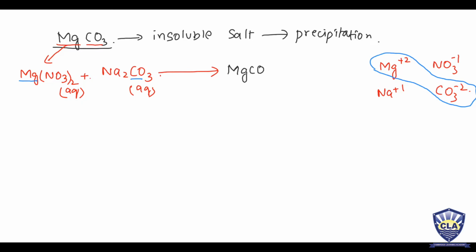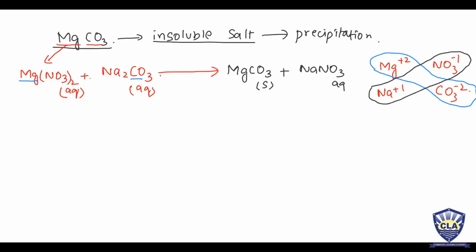This is the insoluble salt, so you should write solid at the base of it. Then sodium and nitrate would join together to form NaNO3, which is aqueous. So this is the equation. One mark for this one and one mark for this one.